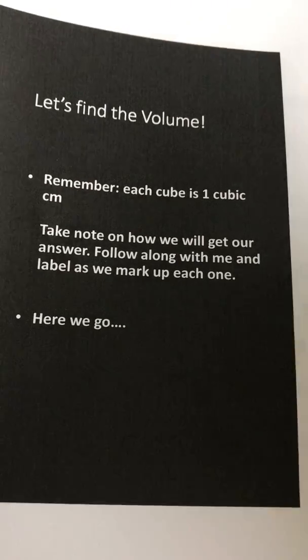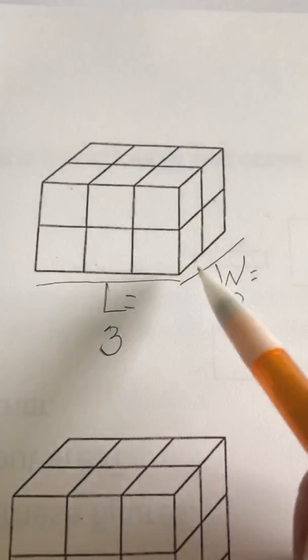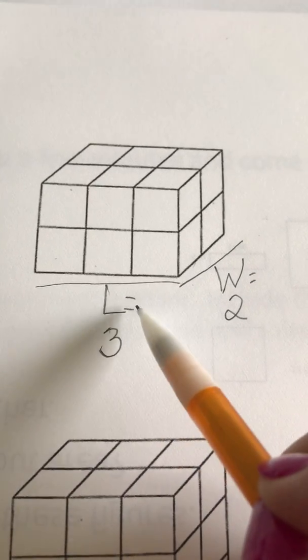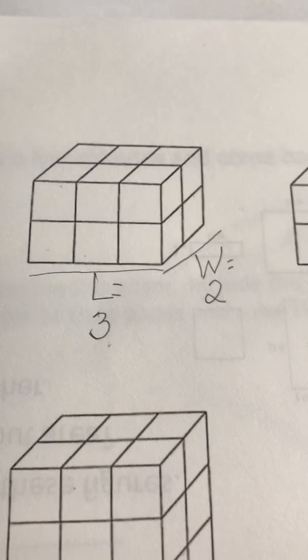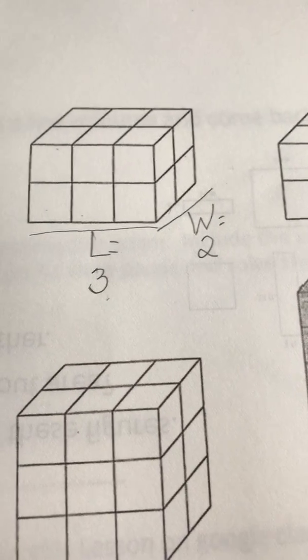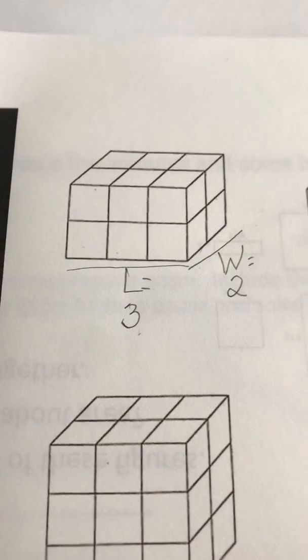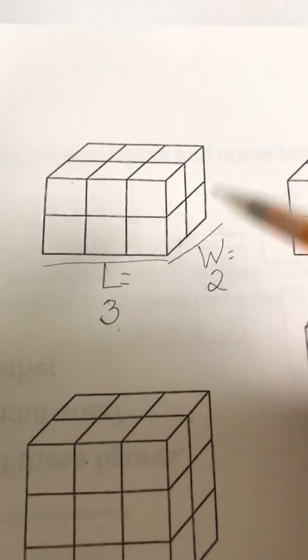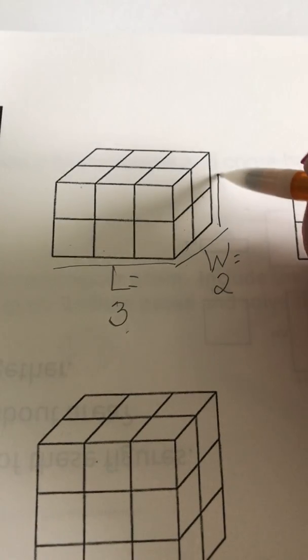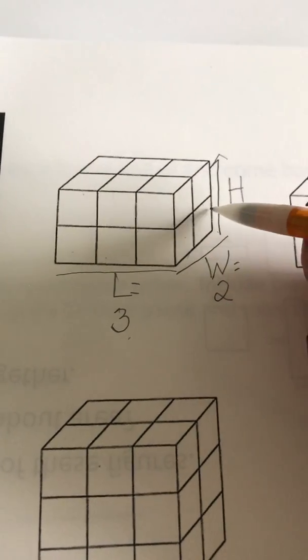Here we go. So for the first one, this is my length, and I just said L equals 3, okay? The width equals 2. You see that there's 2 on the side. That represents the width right here. Now the height, when I say H, is how high it's going, okay, is also 2.